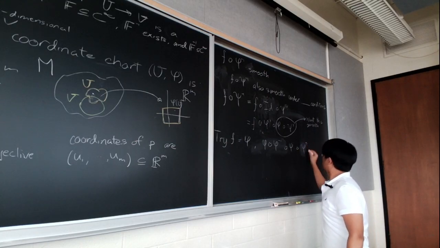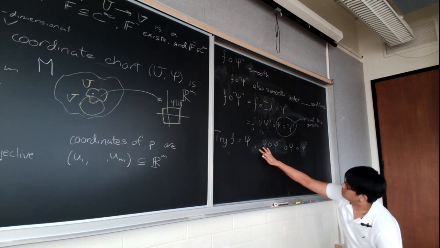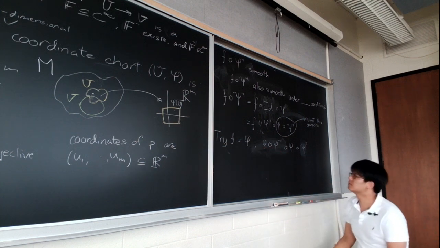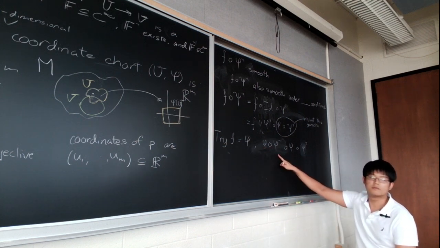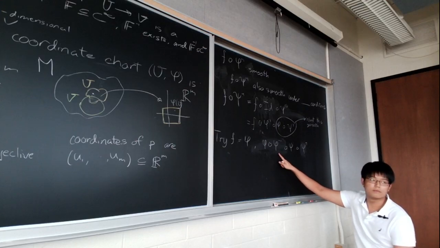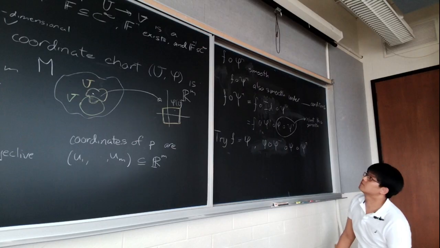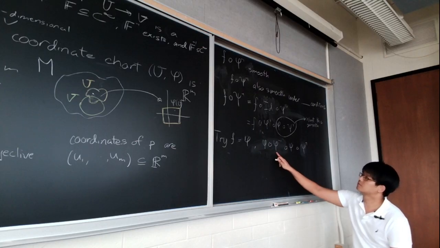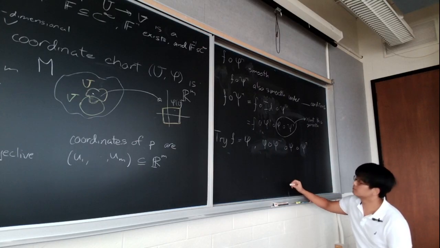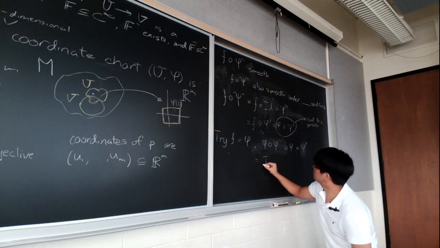So here you chose f to be phi. Why is this a good choice of f? Remember, what assumption do we have to satisfy? That f composed with phi inverse is smooth. What is f composed with phi inverse? It's the identity. Is that smooth? Yes, of course.